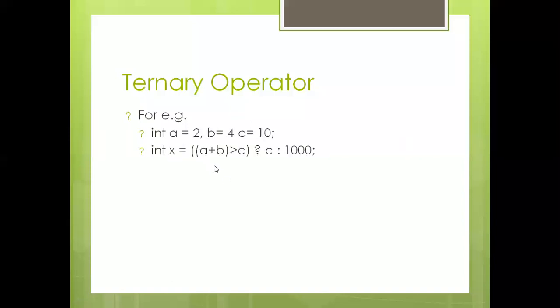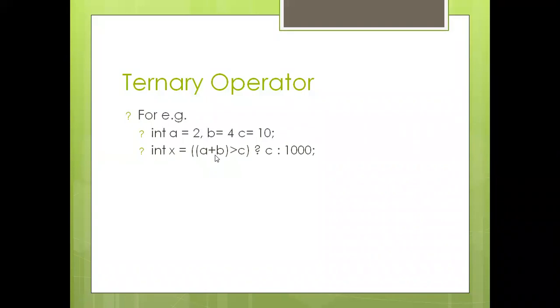Now see another example. A equals 2, B equals 4, C equals 10. Then see A plus B. What is the value of A? 2. What is the value of B? 4.